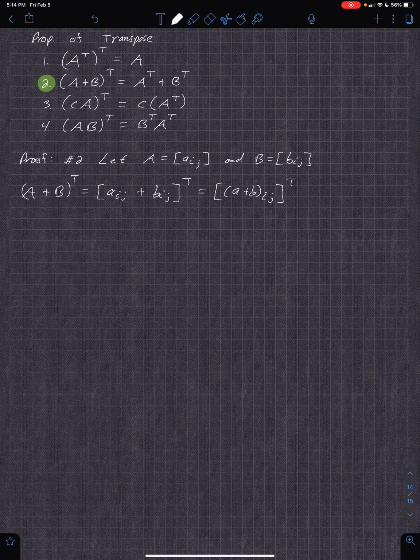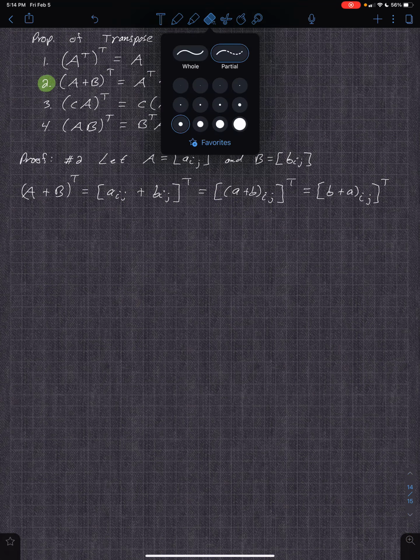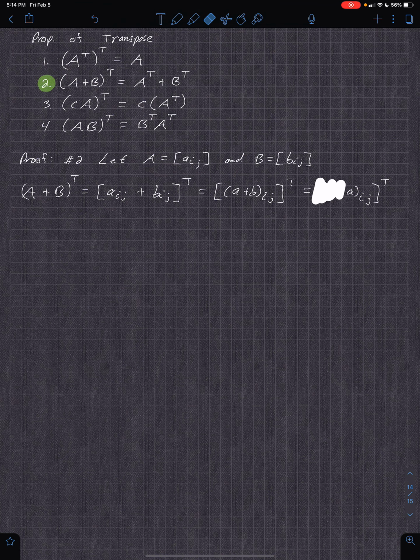And within each of those, you can commute, which is just B plus Aij transpose. Oops, I did that slightly wrong. Okay, so hold on, erase all that. Let's do that again.